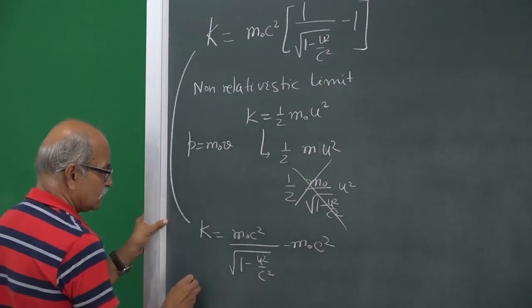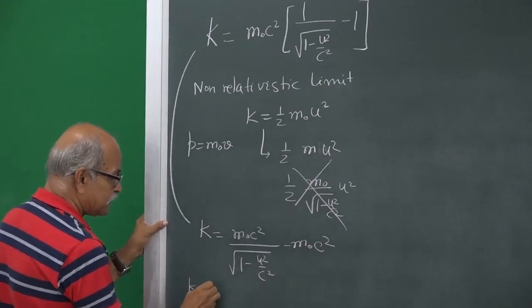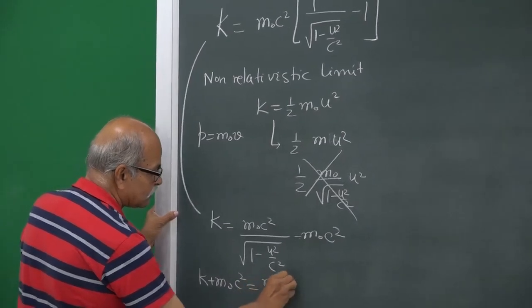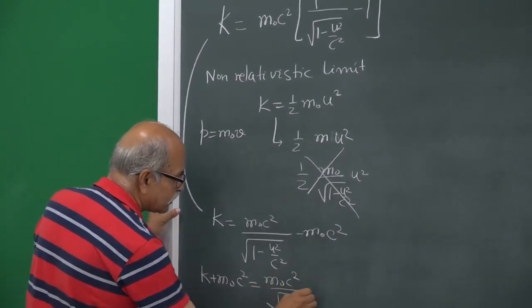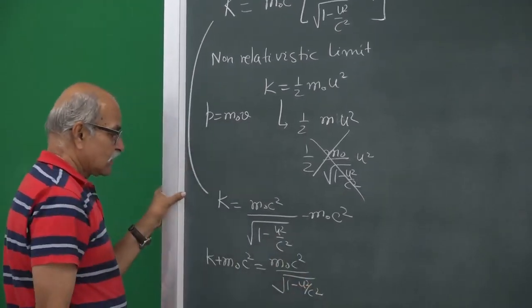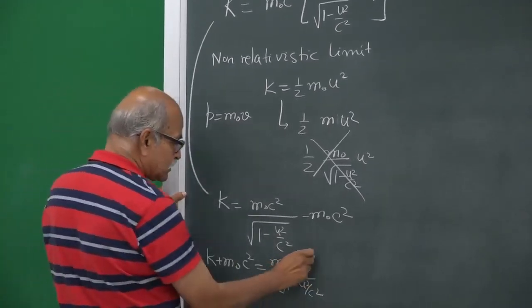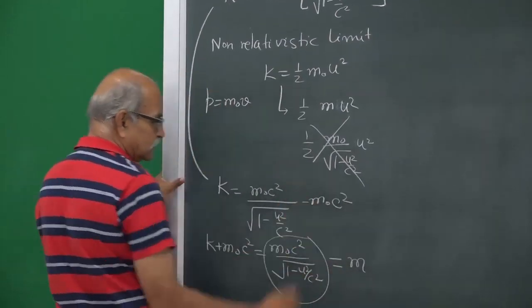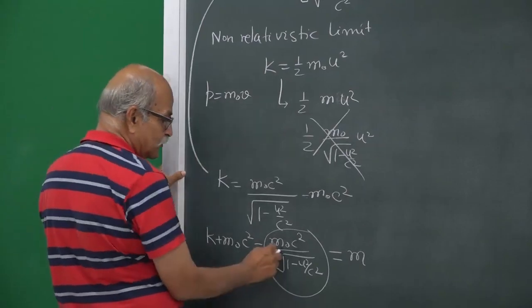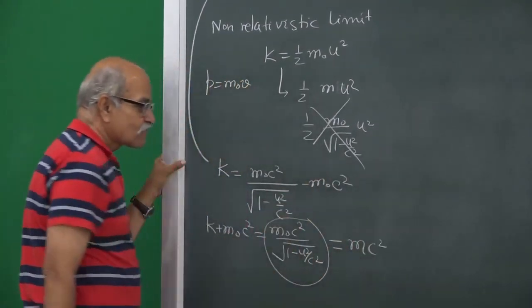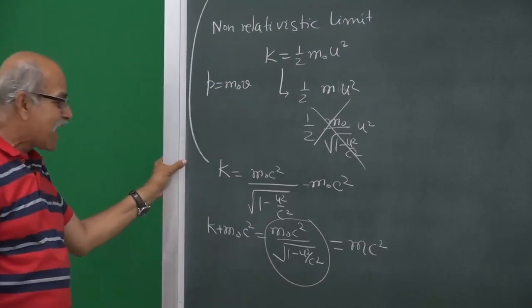Then take this to the left side: K plus m naught c square is equal to m naught c square divided by square root of 1 minus u square by c square. And this quantity m naught divided by this is relativistic mass, and then c square, mc square.